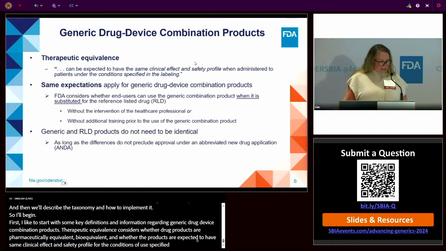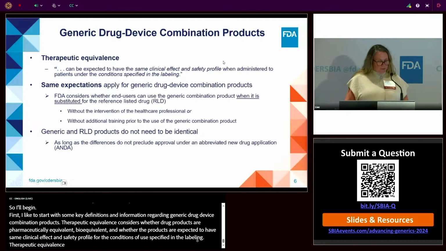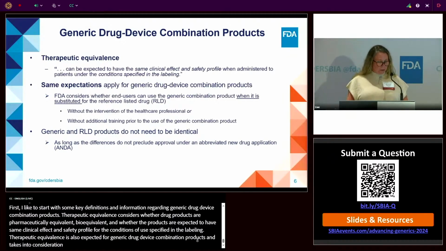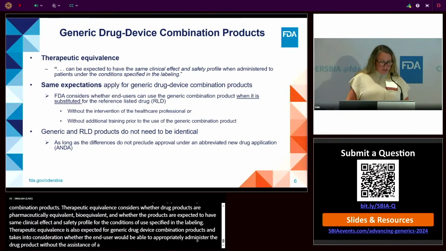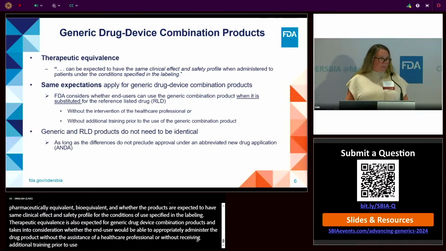Therapeutic equivalence is also expected for generic drug device combination products and takes into consideration whether the end user would be able to appropriately administer the drug product without the assistance of a healthcare professional or without receiving additional training prior to use. And that's when the generic product is substituted for the RLD, the reference listed drug.